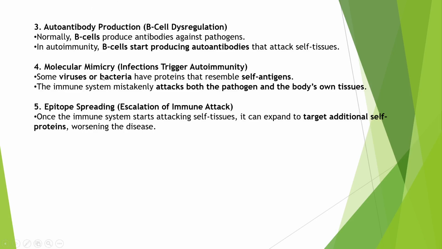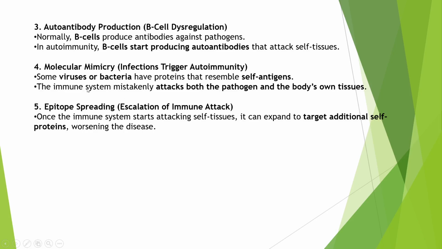Some viruses or bacteria have proteins that resemble self antigens. The immune system mistakenly attacks both the pathogen and the body's own tissue. So this is an infection triggered autoimmune disorder, which is caused by molecular mimicry of the self peptides or self antigen.